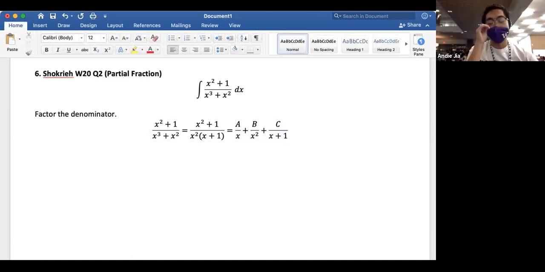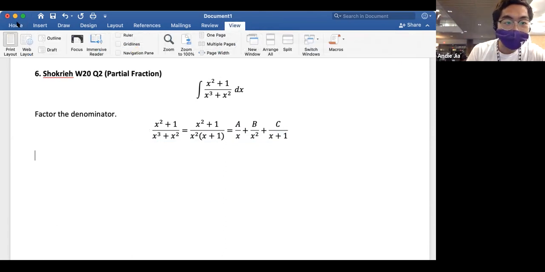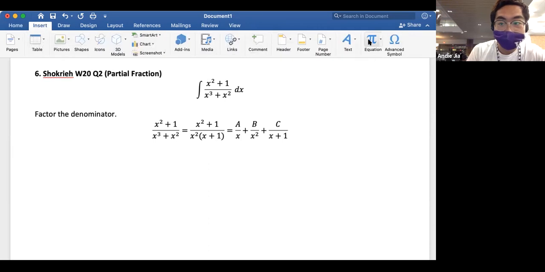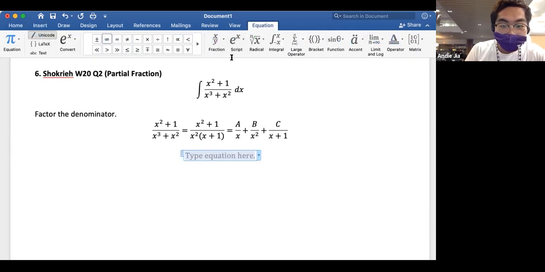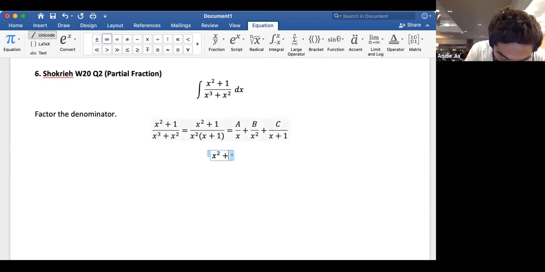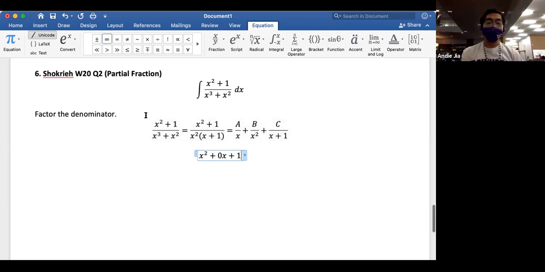Cross multiply. Okay, so that's just to set this relative to x squared plus 0x plus 1. If you're missing an x, write a 0 in front of it.